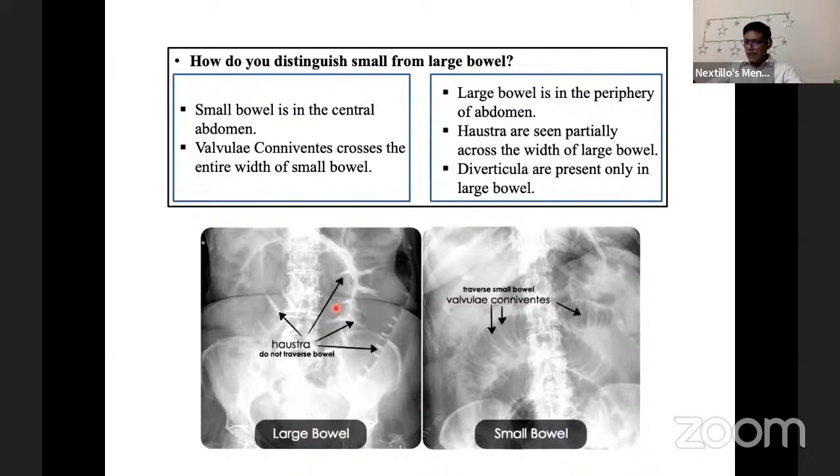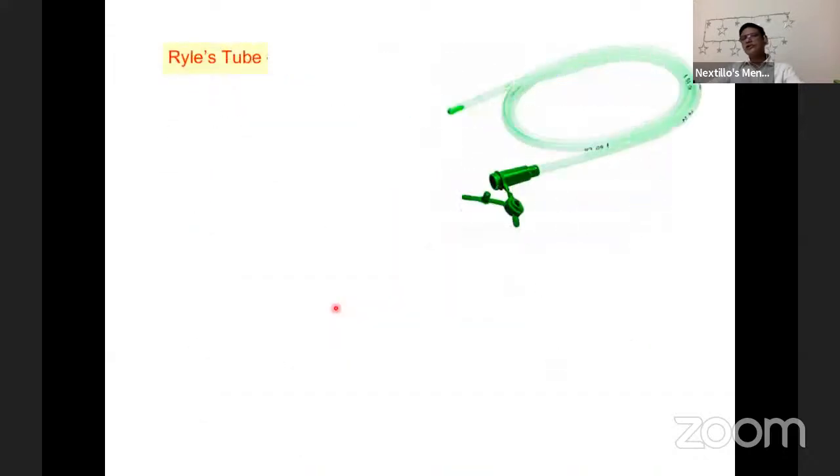Then comes our Ryle's tube. This is a picture of the Ryle's tube. I believe most of you must have seen it. This Ryle's tube has got a number of markings.